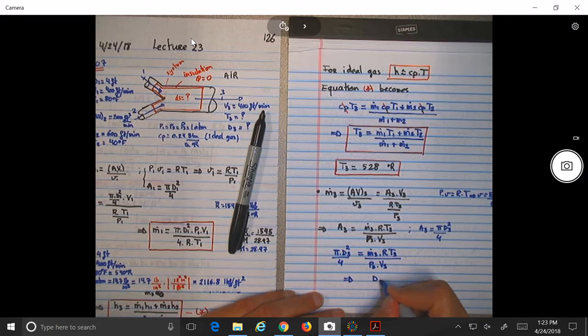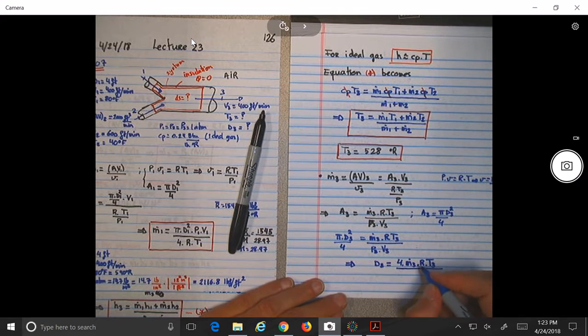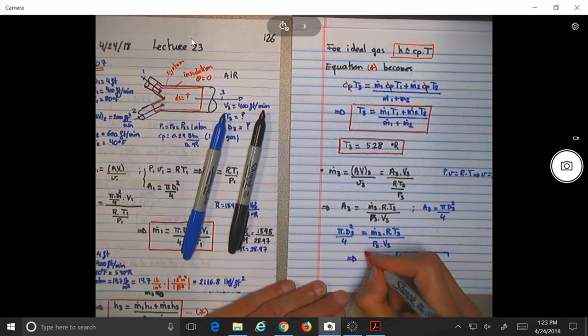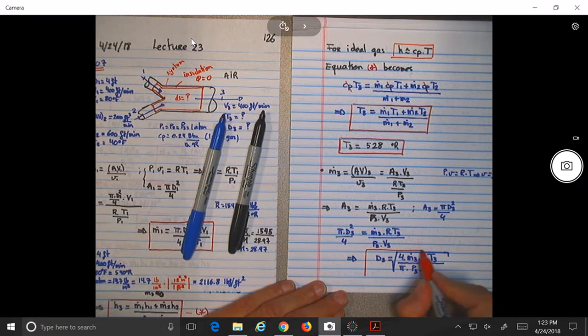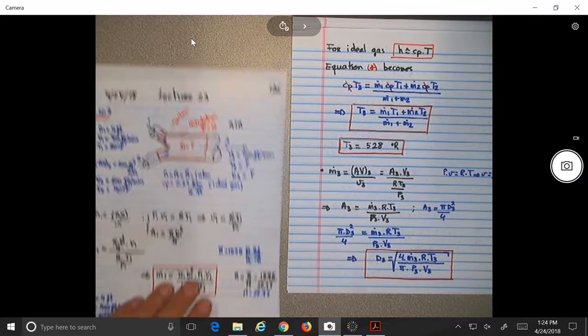So you're gonna have D3 equals to what? 4 M dot 3 R T3 divided by pi P3 V3, and you take the square root of all that stuff.